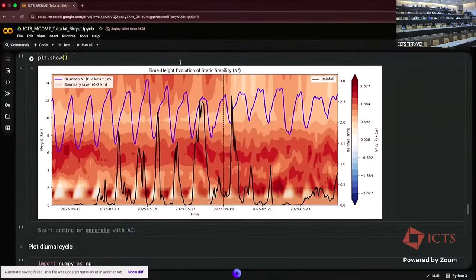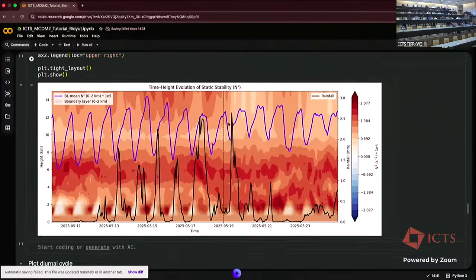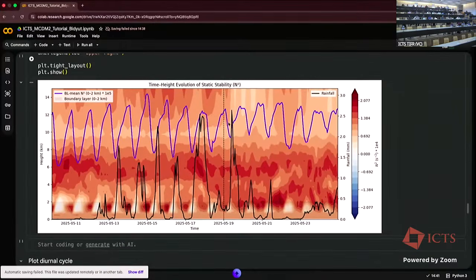No, this is squared. Then how will we see negative? And squared negative is, again, for dry convection. Okay, let this be up there.